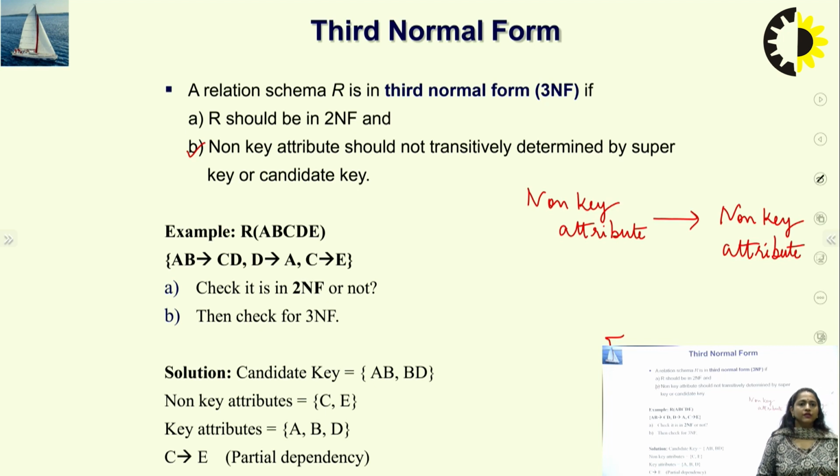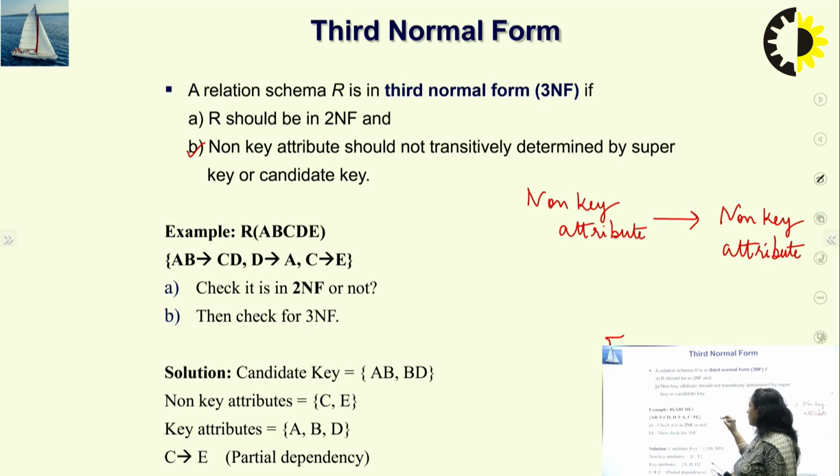We have the relational schema A, B, C, D, E. AB implies CD, D implies A and C implies E. We need to first check whether this is in second normal form or not, and if it is, we need to check whether this is in third normal form or not, right? So the first step is to find the candidate key. Let's try the different combinations.